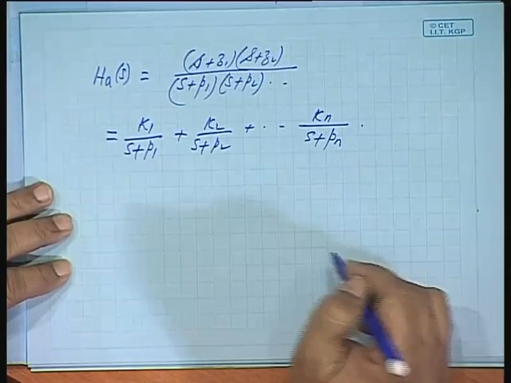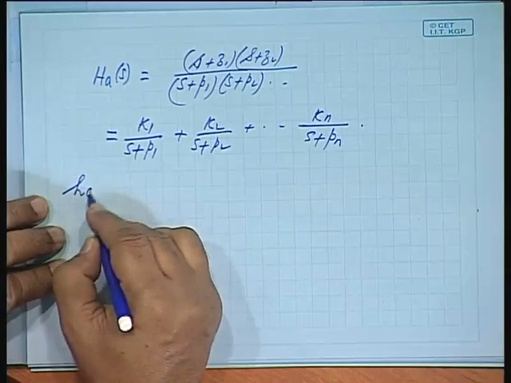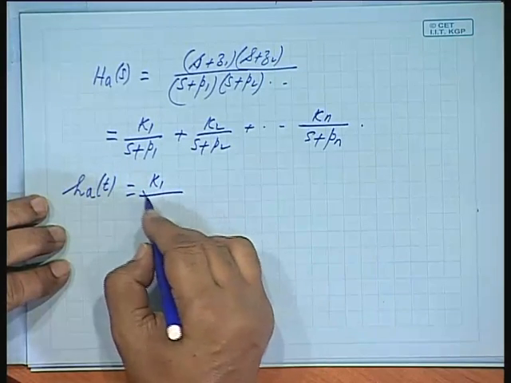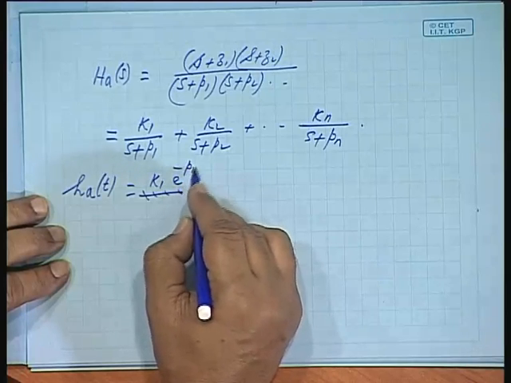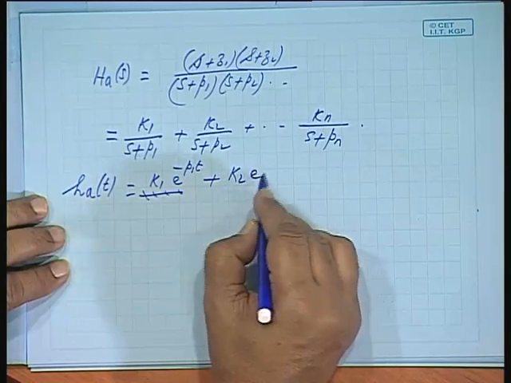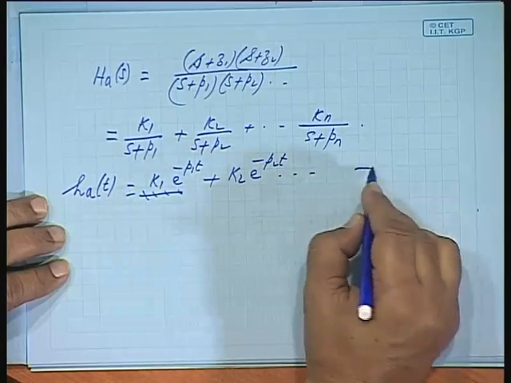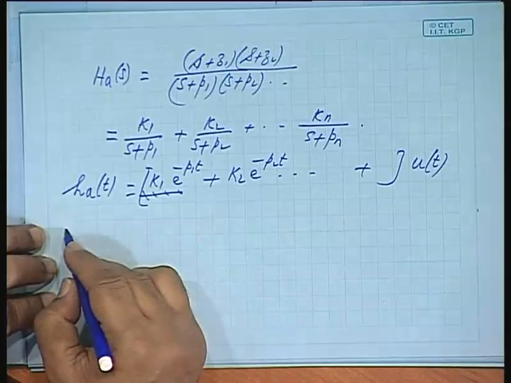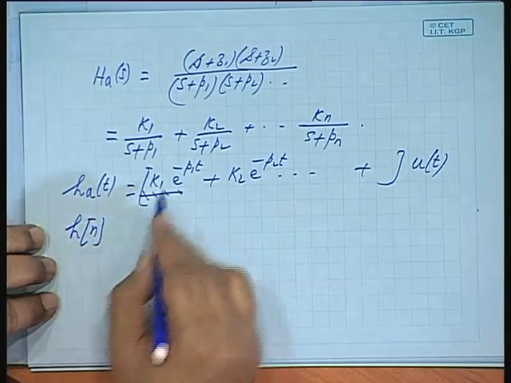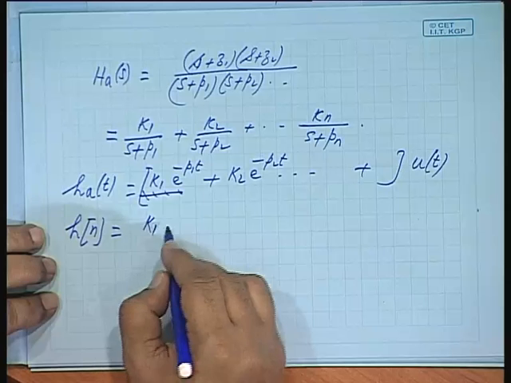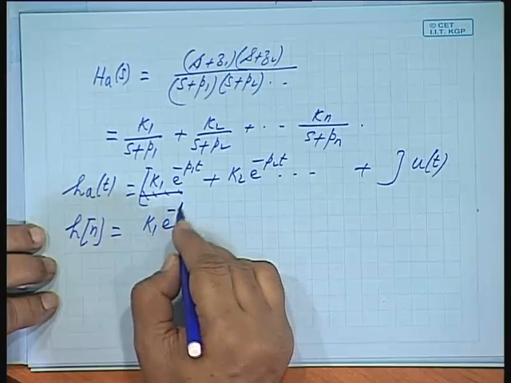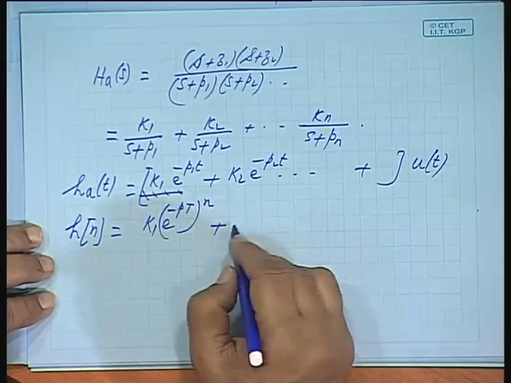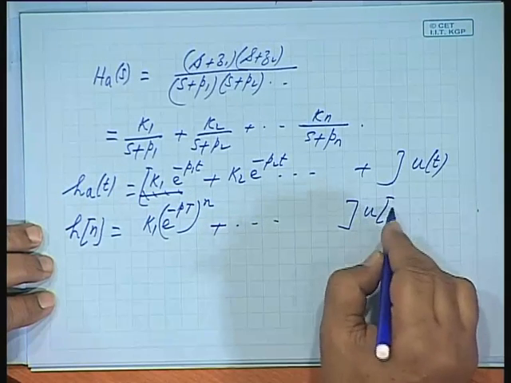Okay. Then what will be the corresponding impulse response? It will be K1 e to the power minus p1 t plus K2 e to the power minus p2 t and so on, into u(t). So my h(n) will be the discrete version of this, which will be K1 into (e to the power minus p1 T) whole to the power n and so on, into u(n).